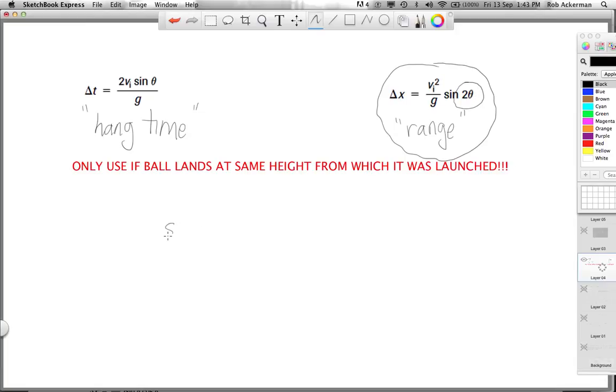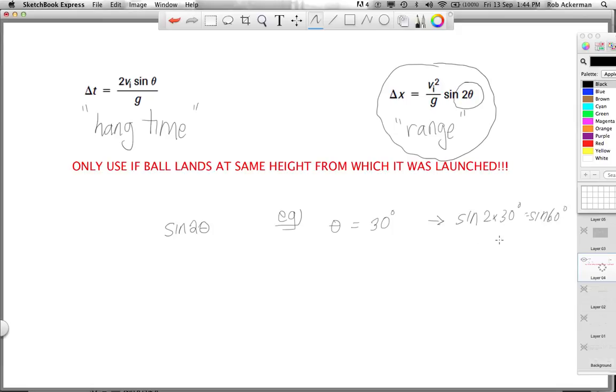When you have sine 2 theta in your formula, check out what happens if the launch angle, for example, is 30 degrees, let's pick. According to this formula, I punch in 30 degrees, and I'm going to get sine of 2 times 30, which is the sine of 60 degrees, right?